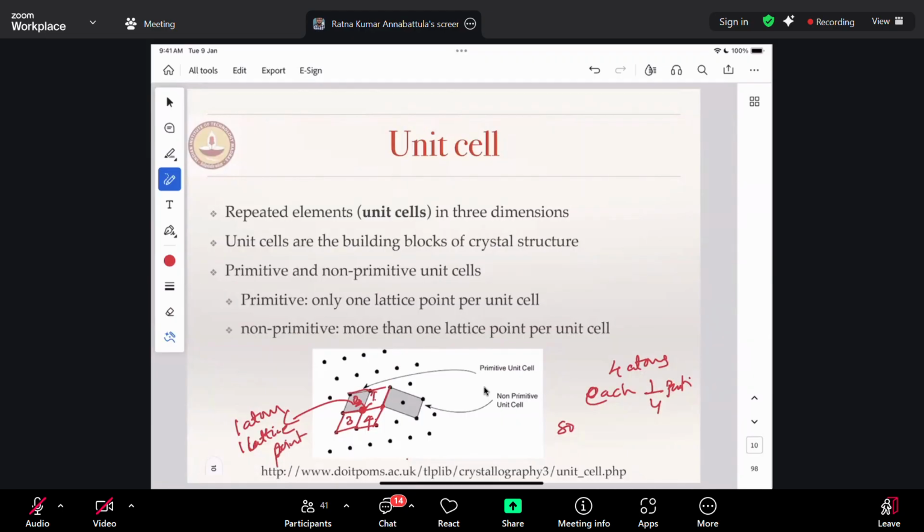Yes, sir. So if a unit cell has only 1 lattice point, then such a unit cell is called a primitive unit cell. Now let us look at the other unit cell. Let me construct the neighboring unit cells for this one.